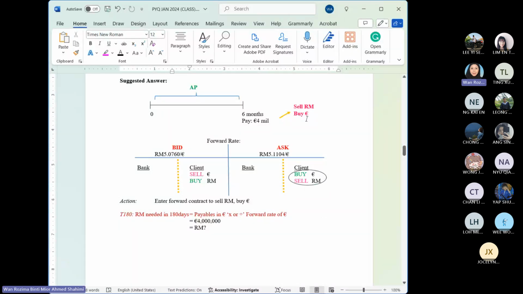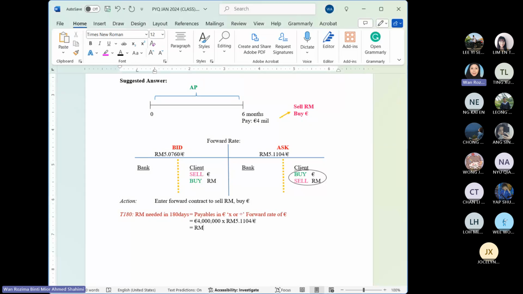Similar: sell Ringgit Malaysia, buy euro. So copy the ask price. Let's decide: euro is in a different location, so what we need to do is multiply. Then you will get 20 million. This one is straightforward.